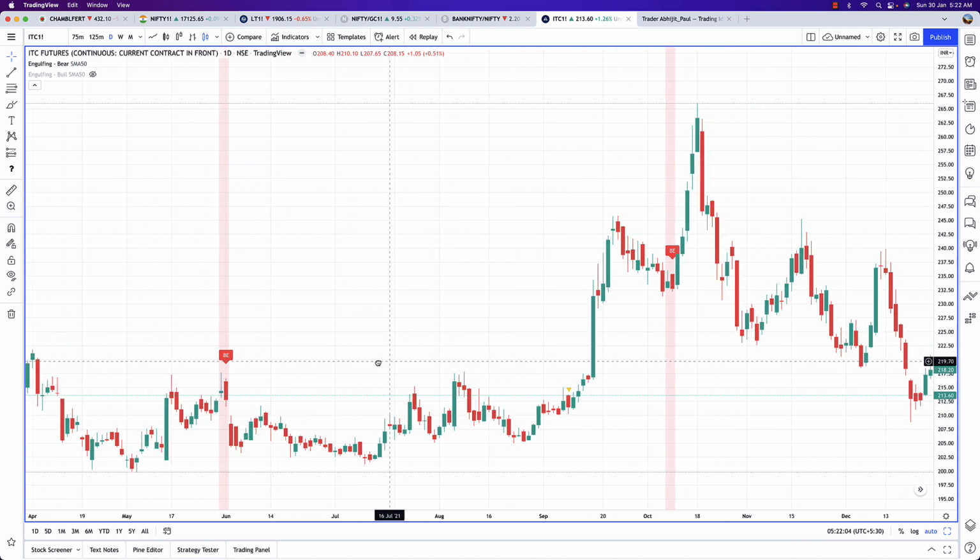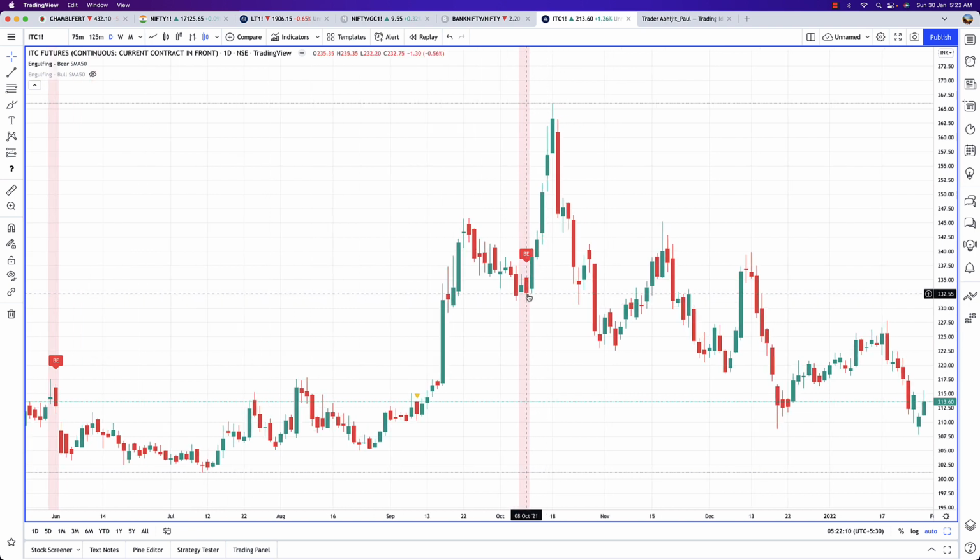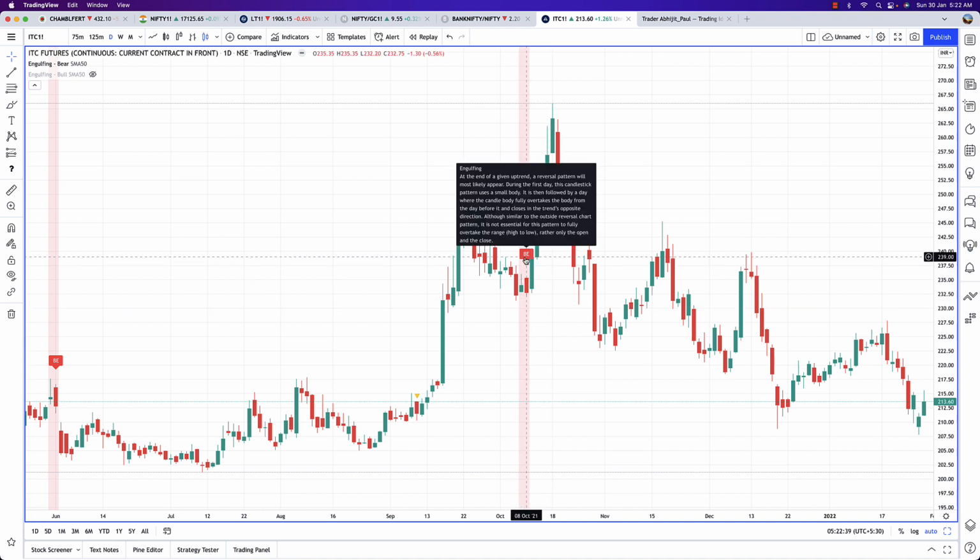Now, if we bring our focus to this point, yes, we have a full bodied red candlestick, which is completely engulfing, encompassing, covering the previous green body. But one very key essential point which is missing over here is, where is the uptrend? It's in a downtrend. In fact, if you read any classic theory about candlestick patterns, especially the reversal patterns, and if we keep our cursor over here, TradingView has actually given us a little bit of detail about the pattern.